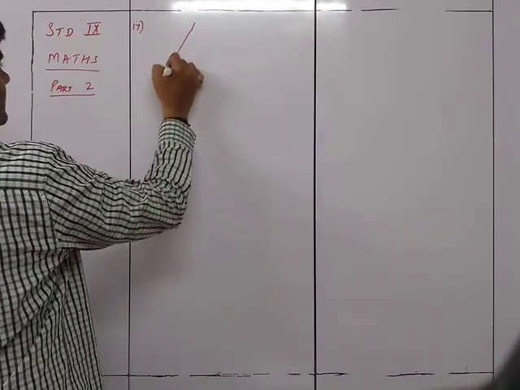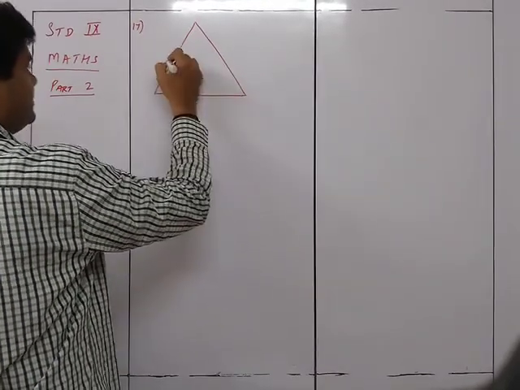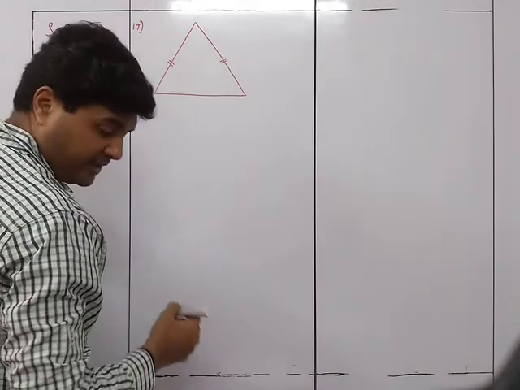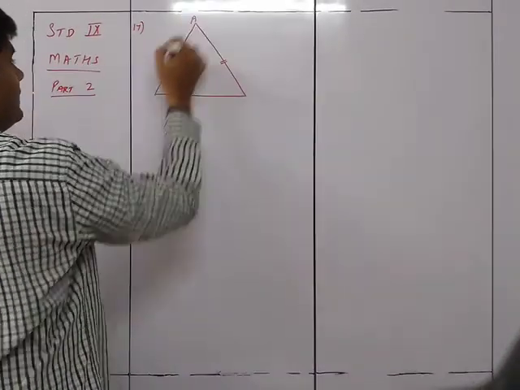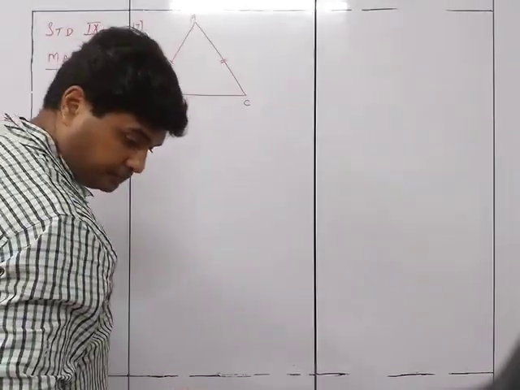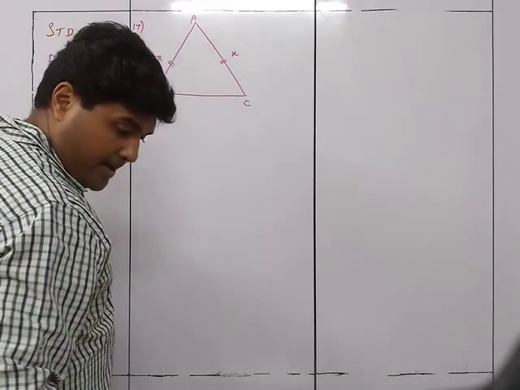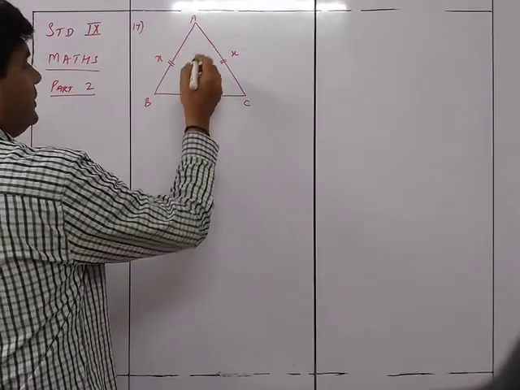We have this particular triangle, and this triangle is an isosceles triangle, such that it is given that AB is equal to AC, and it is X. So this is X and this is X, and BC is equal to 10. Now it's an isosceles triangle.